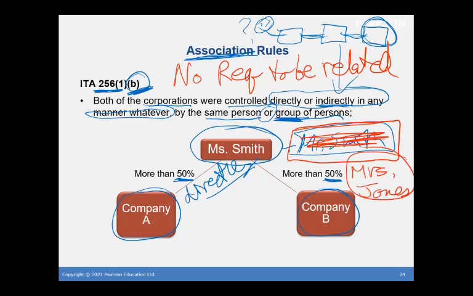So if Mrs. Jones, together with Mrs. Smith, was owning more than 50% of B and more than 50% of A, then they would be associated. So those two people, might sound a little unfair, but it's the same thing. What we're trying to do here is eliminate the ability for you to just simply band together with someone else and open 100 companies. So that's the reason for that. So it does also extend to that unrelated person as well.